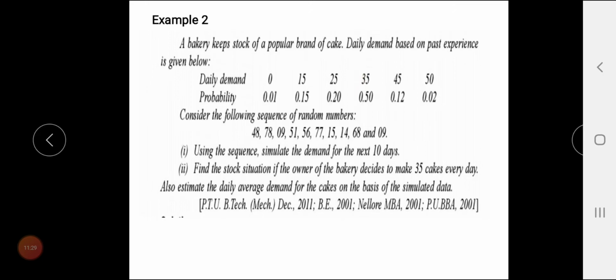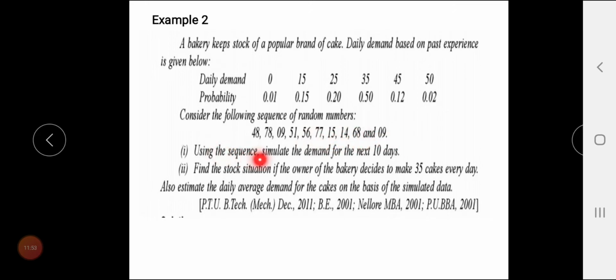So this is given. Consider the following sequence of random numbers. These are a sequence of random numbers for 10 demands, numbered 1, 2, 3, 4, 5, 6, 7, 8, 9 and 10.